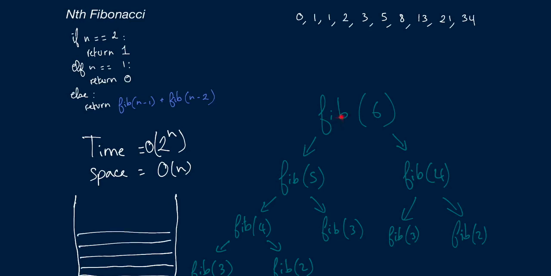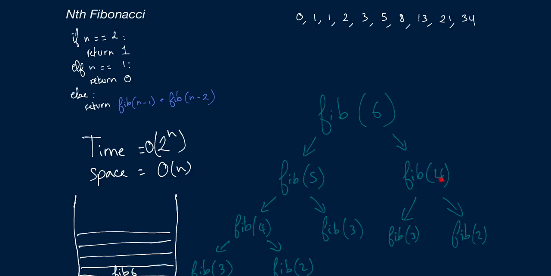When we call fib of 6, fib of 6 starts to run, right? And so we can put here fib of 6 on the call stack at the very bottom of the call stack. And then fib of 6 calls fib of 5 and fib of 4.